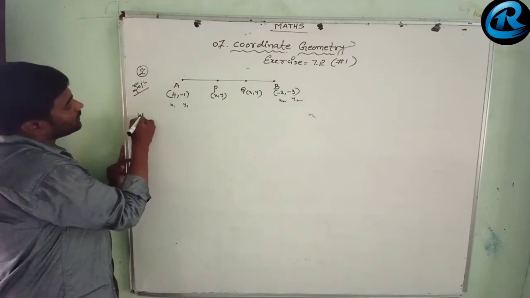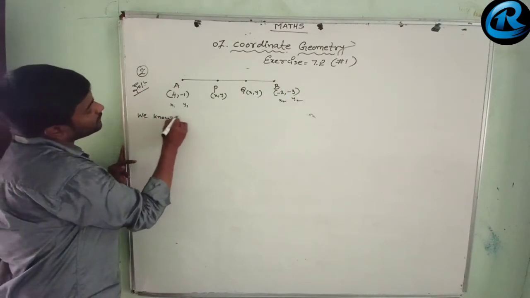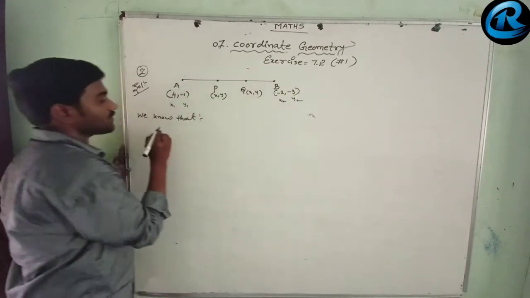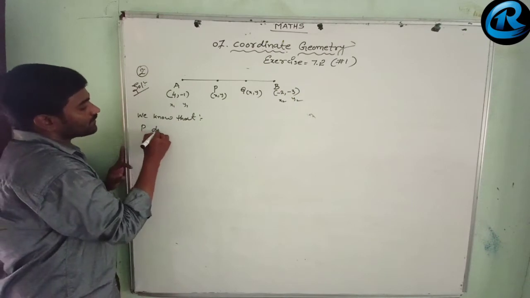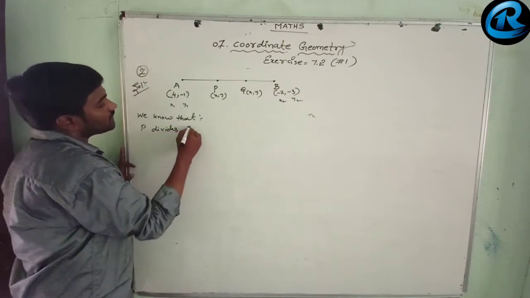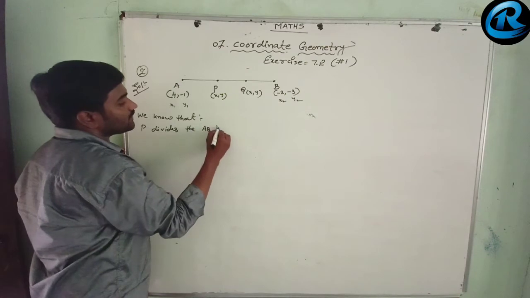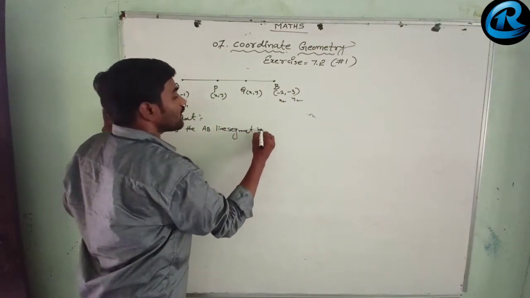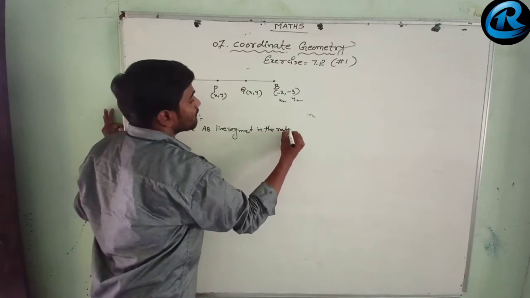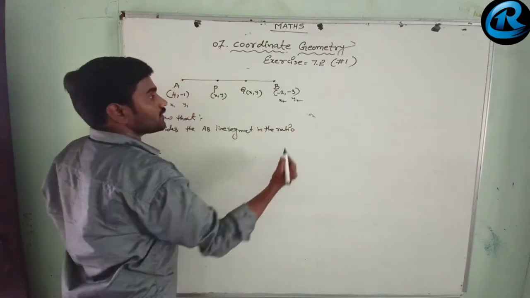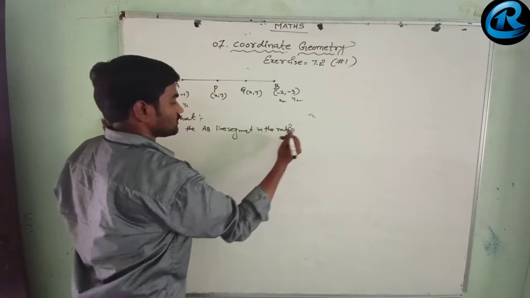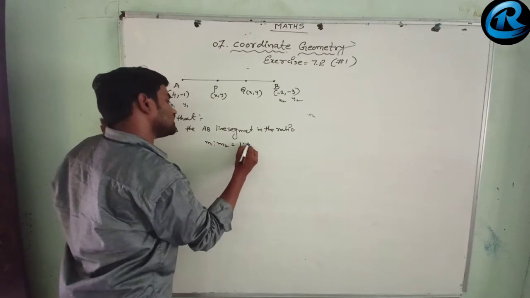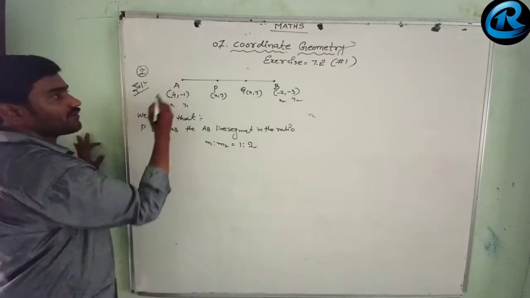We know that P divides the AB line segment in the ratio m1:m2 equal to 1:2, and we have the A value and B value.